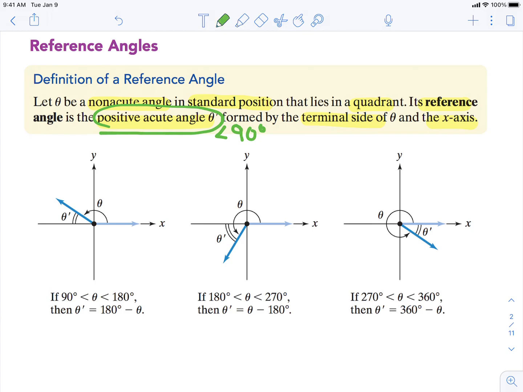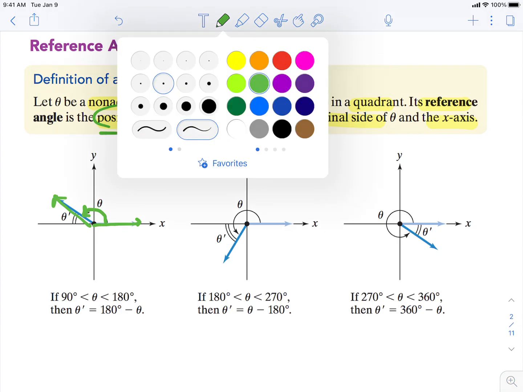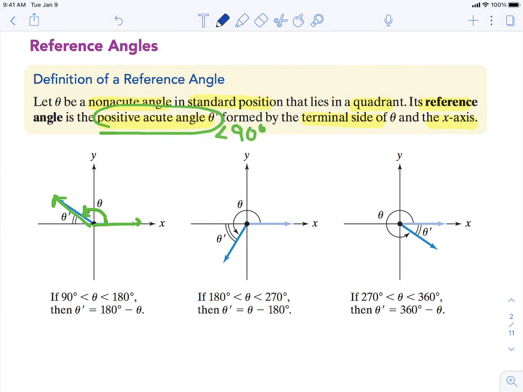So here are some examples. So here would be our angle theta, which is greater than 90 degrees. How we create our reference angle is we have our x-axis, and then we're going to go up to our terminal side. So this distance here is our reference angle in the blue.